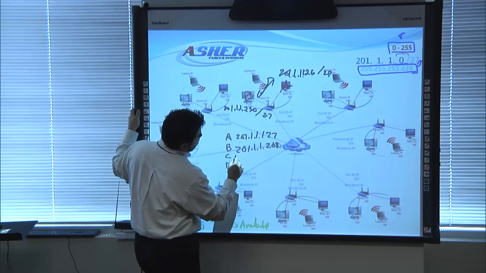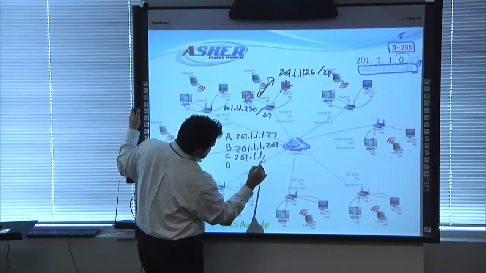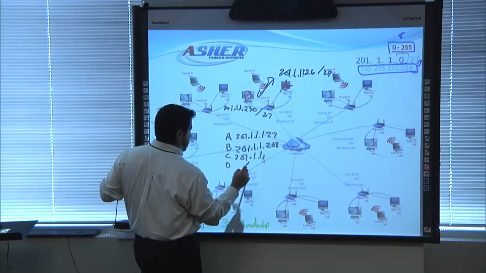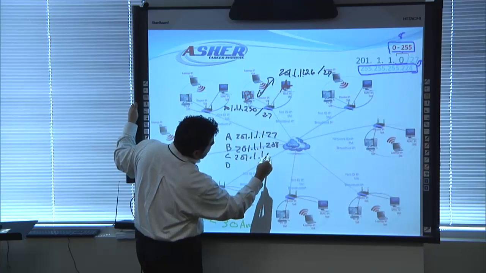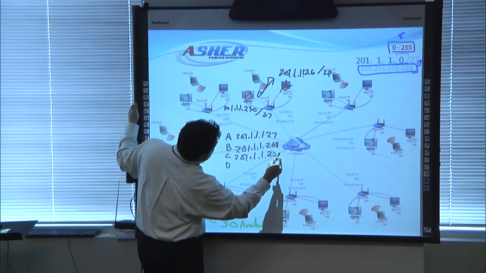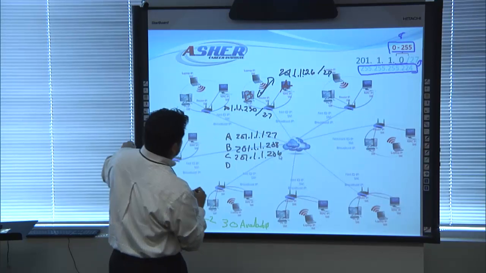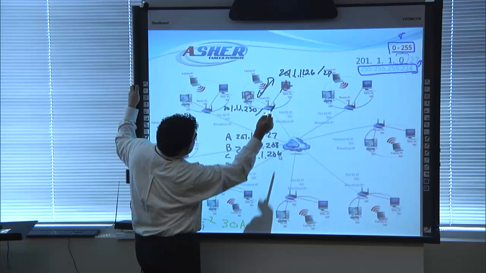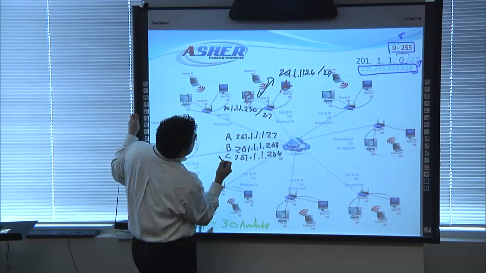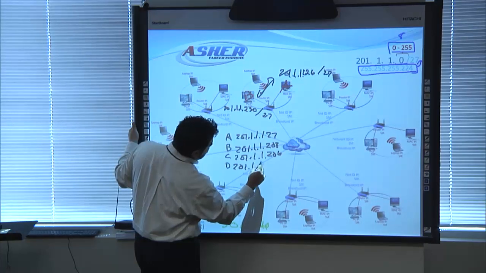Change computer B to 201.1.1.206. Then change computer B to 201.1.1.2.